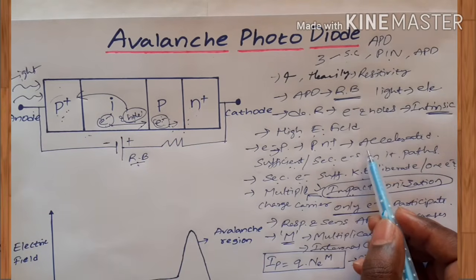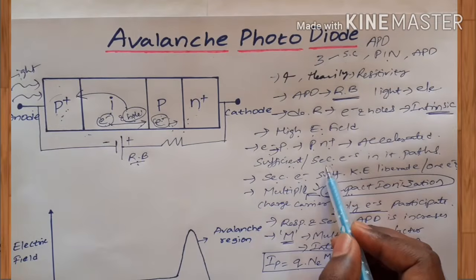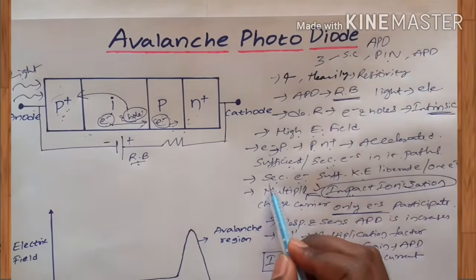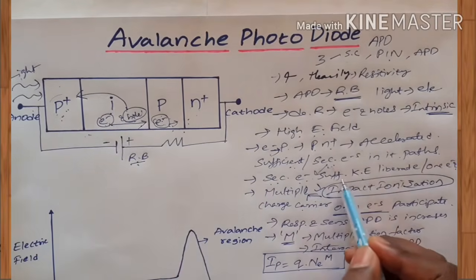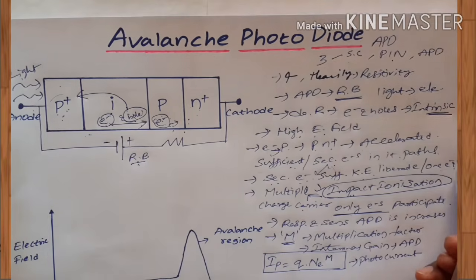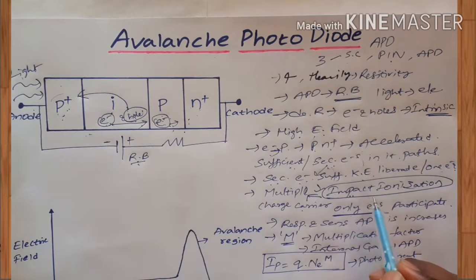That means it gains sufficient kinetic energy to liberate secondary electrons in its traveling path. These generated secondary electrons also have sufficient kinetic energy to liberate one more electron and hole pairs, and this process we call impact ionization.